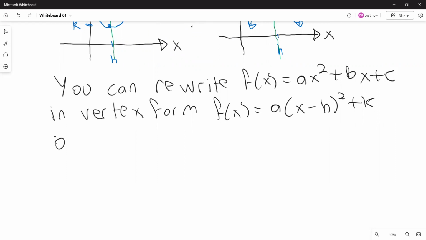And you can do that by using the vertex formula. So this formula is not in the book. I'm just giving that to you.